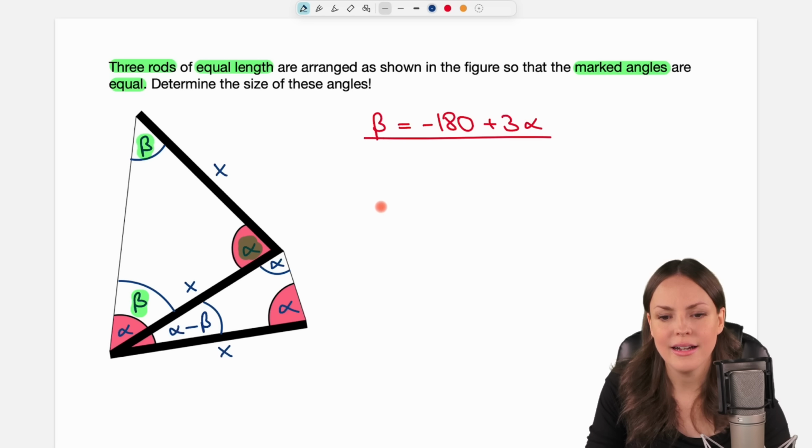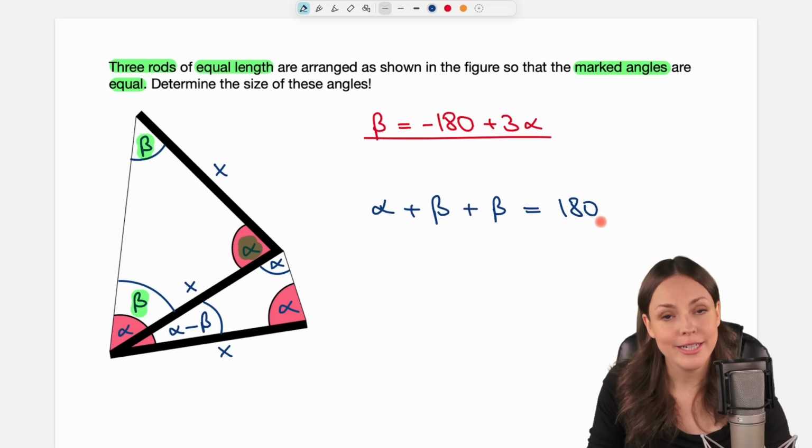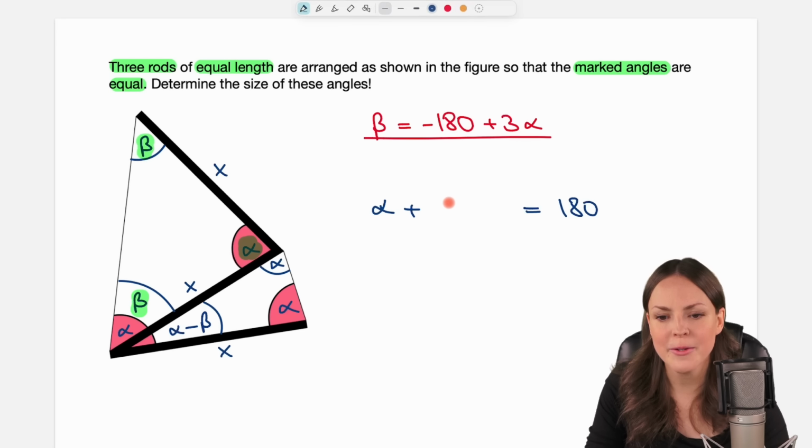So if I take alpha first plus beta here again, then I get 180 in total. So I have another equation here. Let's simplify a little bit. Beta plus beta is 2 beta.